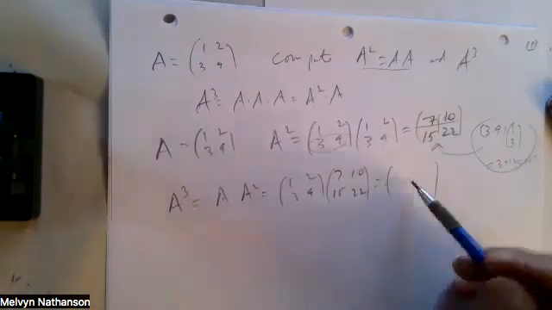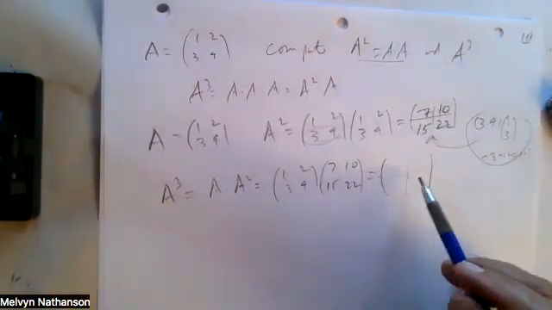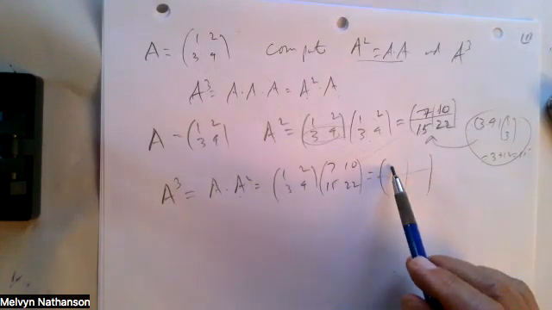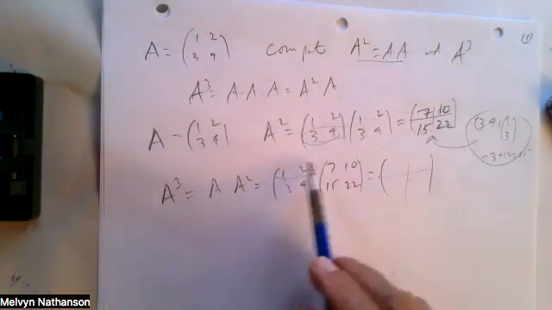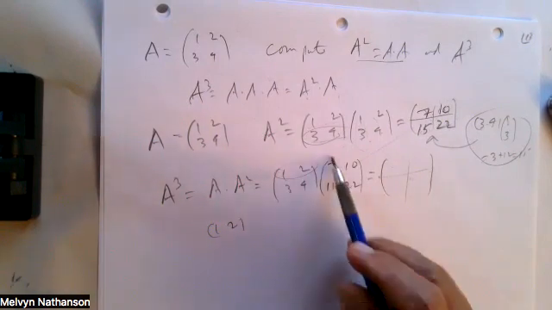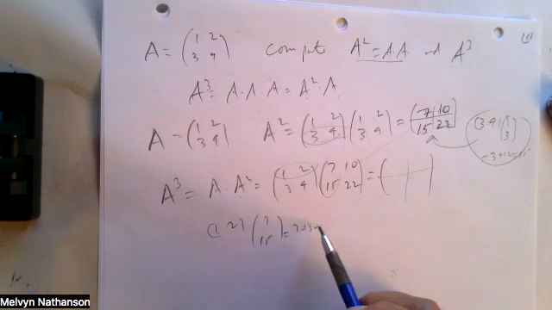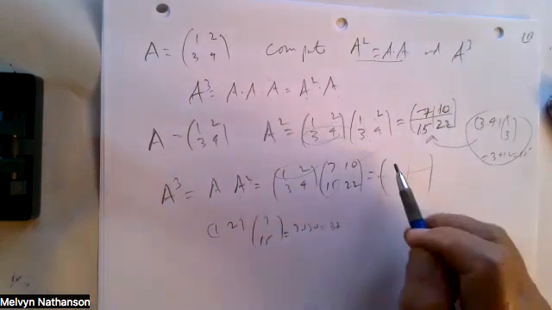So this calculation is what? First row, first column. First row times the first column is 7 plus 30 is 37.